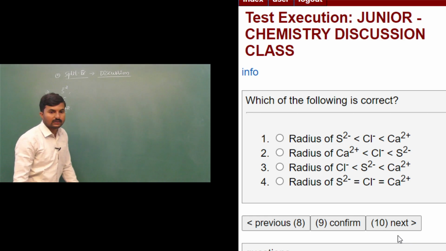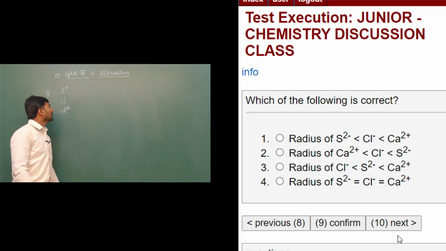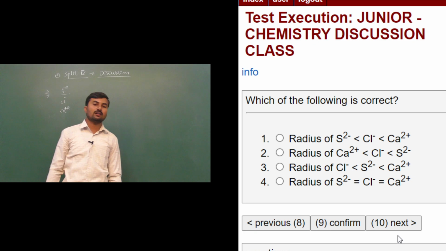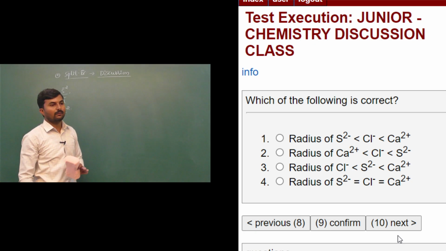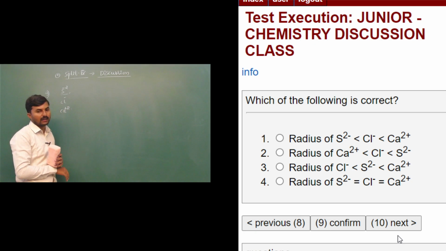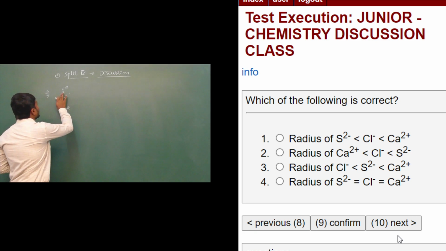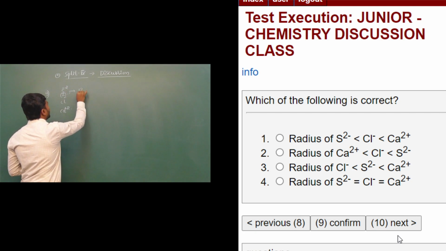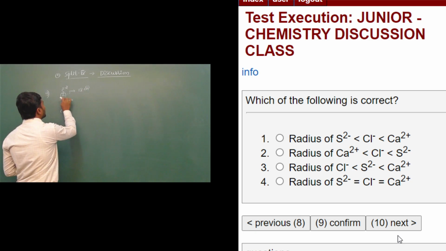As I already told in the previous question, if the ions are isoelectronic in nature, we can easily compare them with respect to their atomic and ionic radius. Here S minus 2, sulfur atomic number is 16. With the addition of 2 electrons, it has 18 electrons, followed by Cl minus ion.